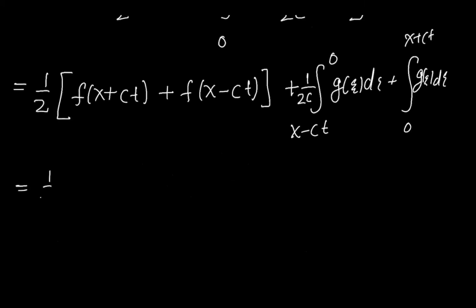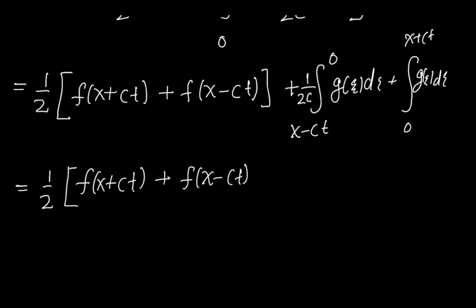So therefore the solution is f(x+ct) plus f(x-ct) times 1/2, 1/2c. You see this integration starting from here, ending here; this integration starting from here, ending here.